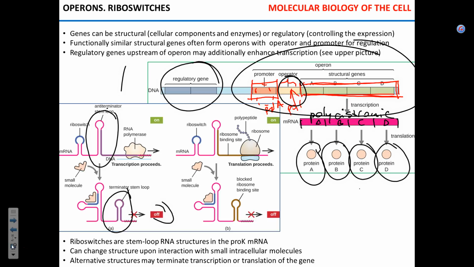Does that make sense? It's simple on-off regulation. It cannot even bind there. It cannot even start. With anti-terminator, it just goes.